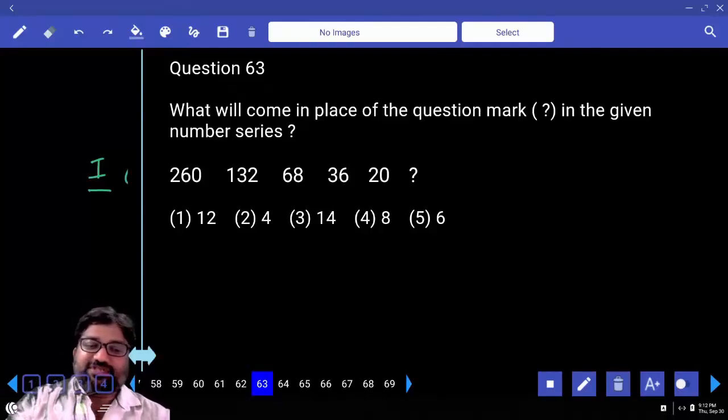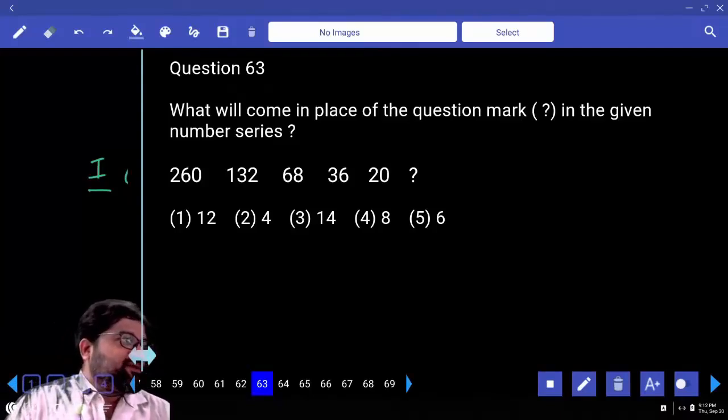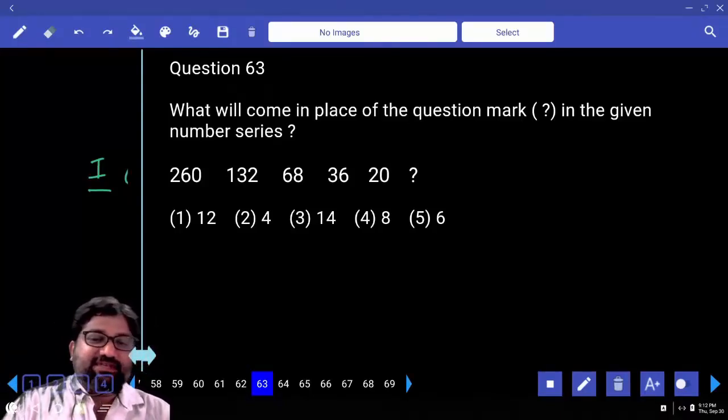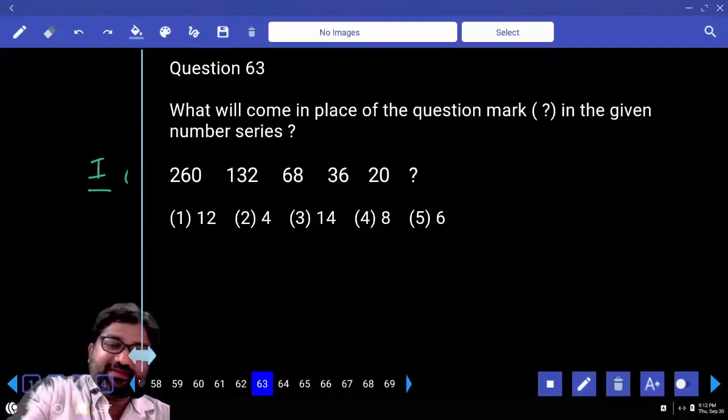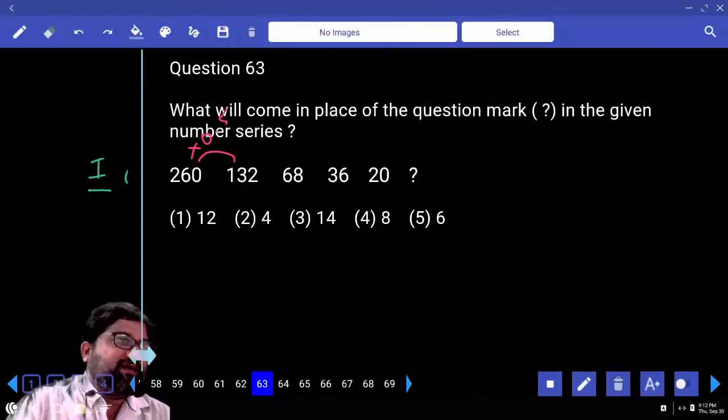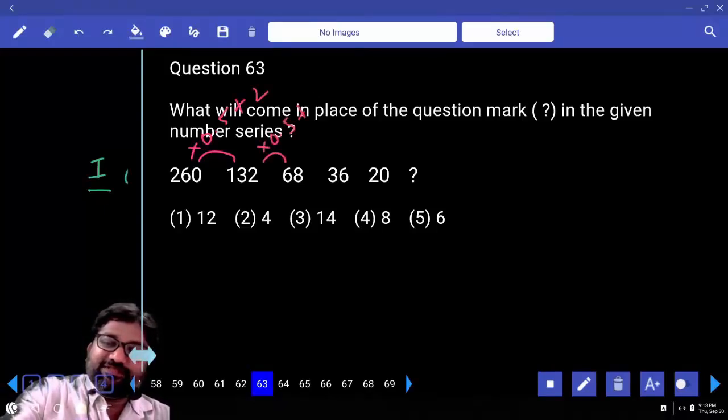Every number is almost half of the previous number. I don't say exact, but almost close to half. Yes or no? What is half of 260? 130. What is half of 132? 66. Half of 68? 34. అంటే ఏమైంది? హాఫ్ +2. హాఫ్ అంటే ఇంటూ 0.5. అవునా కాదా? +2 ఇంటూ 0.5 +2 ఇంటూ 0.5 +2 ఇంటూ 0.5 +2.